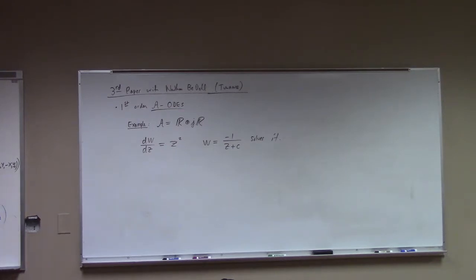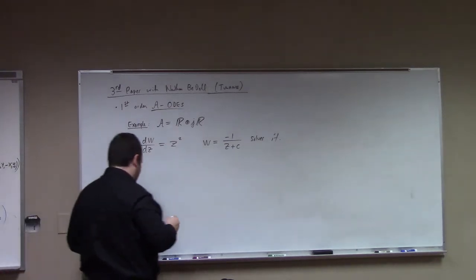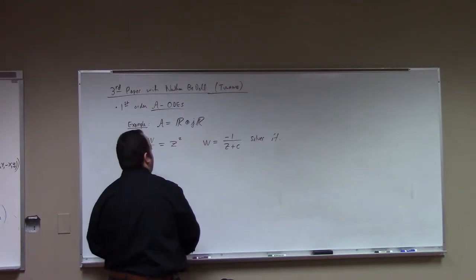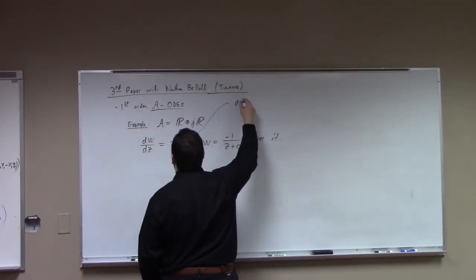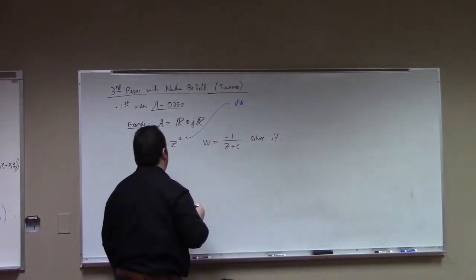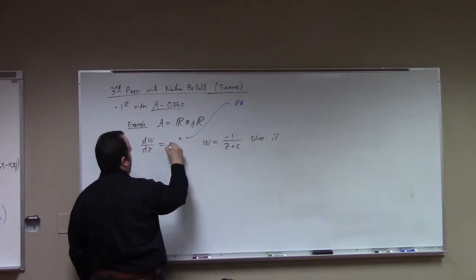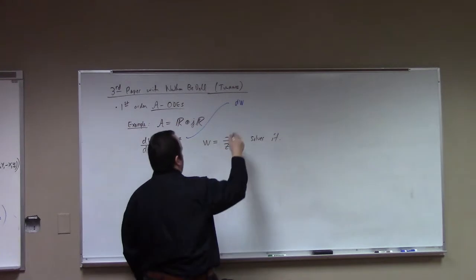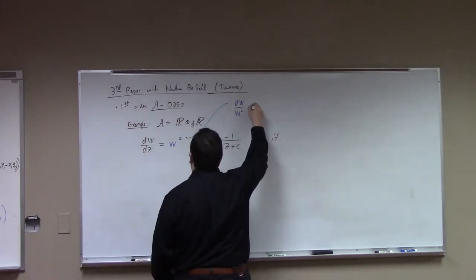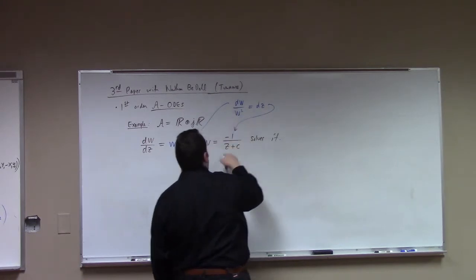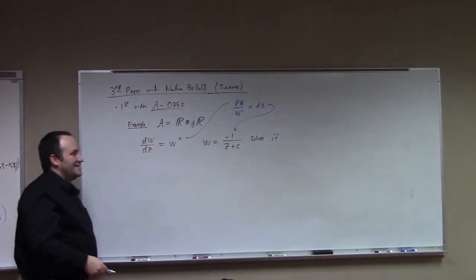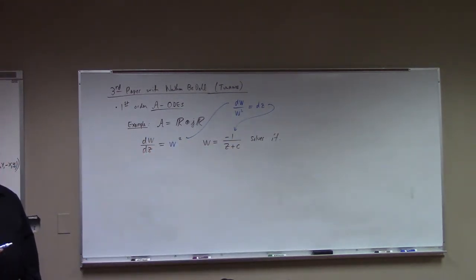I mean, I isolated and integrated. That's the man behind the curtain here, one we all know and love. This is dw. Oh, you guys are confused with good reason. That's supposed to be a w squared. So we got dw over w squared equals dz, and then integrating gives me that. We'll integrate and then solve for w.